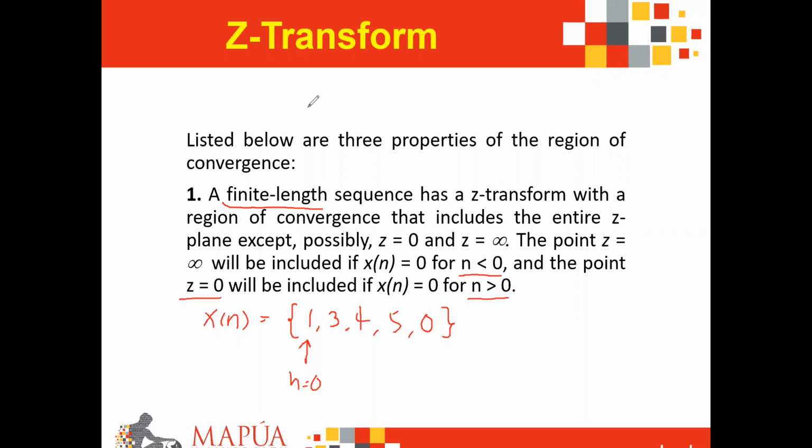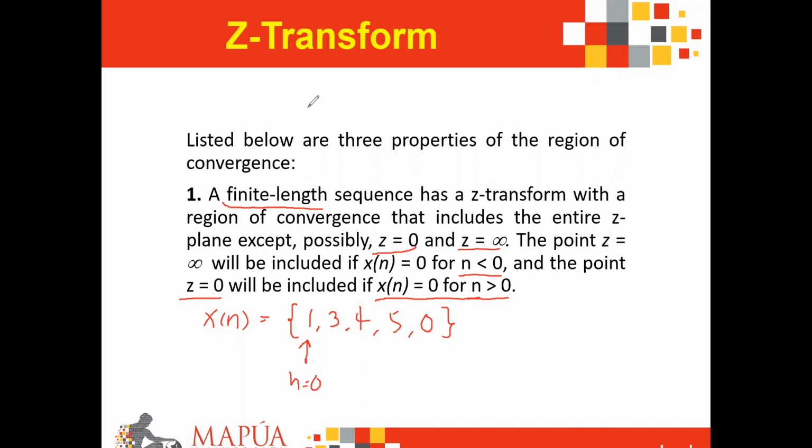Ito pala. No? So yung z equal to 0 included if xn. So yung region of convergence daw will either include these terms. Okay? Depende if your sequence it starts off with n equal to 0, tapos lahat ng values nun greater than 0. O ba?